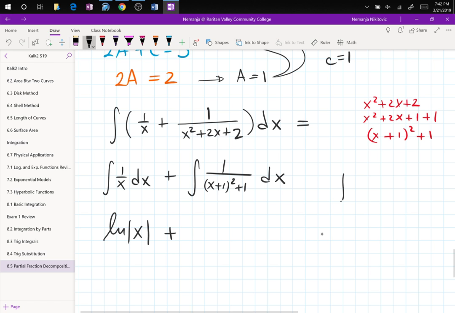The first integral is ln absolute x, and for the second integral, using our triangle over here with angle theta, we have two legs, x plus 1 and 1, and the hypotenuse is the square root of x plus 1 squared plus 1.